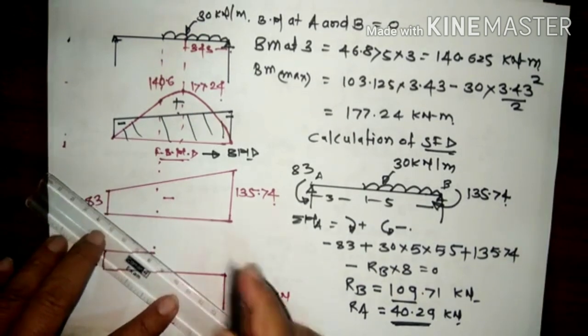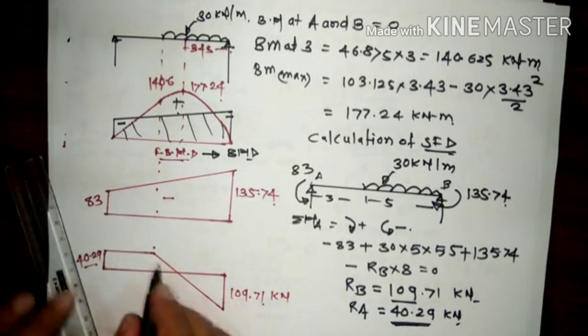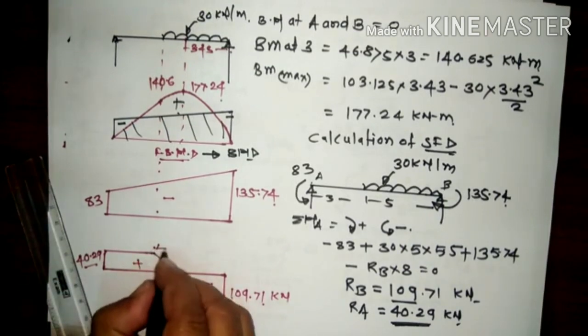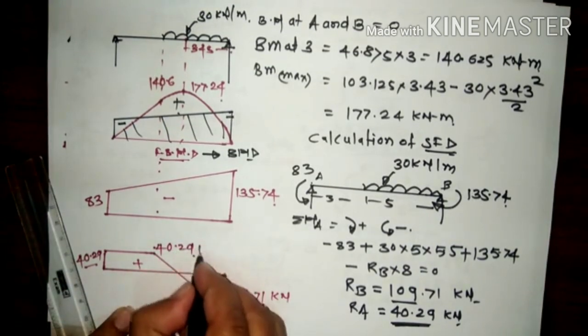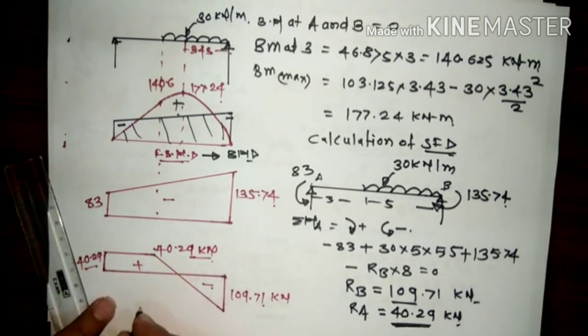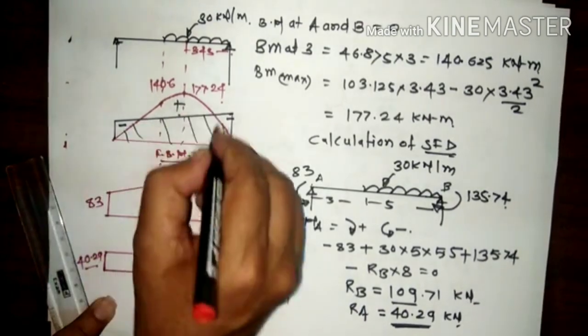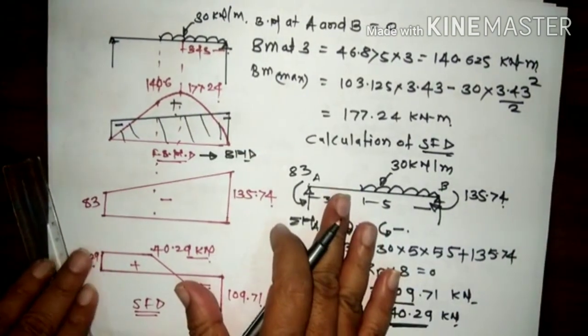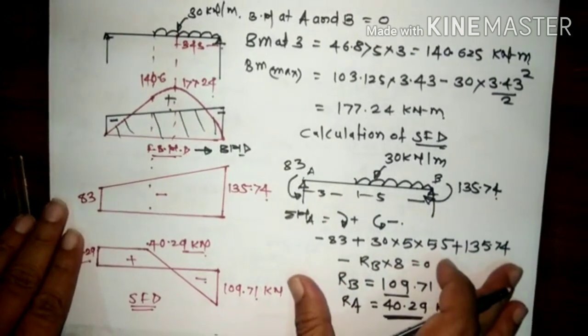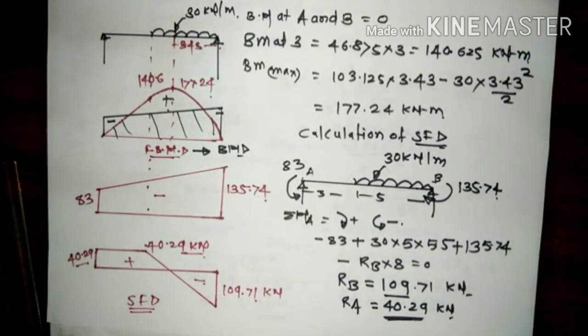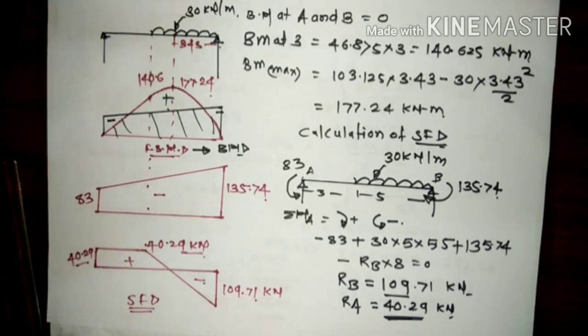Join this. This is plus and this is minus 40.29. So this is the final SFD, and this diagram is the final BMD. Okay, thank you.